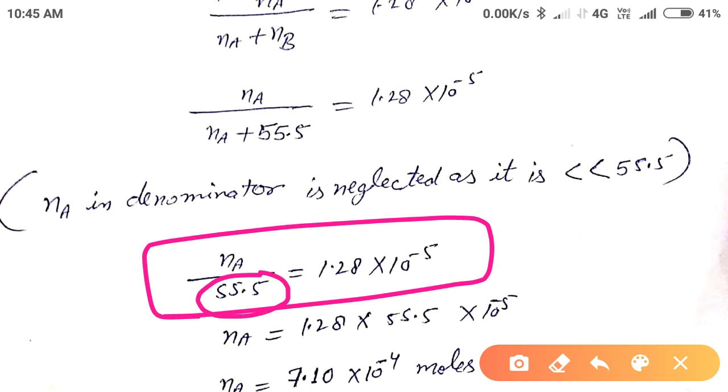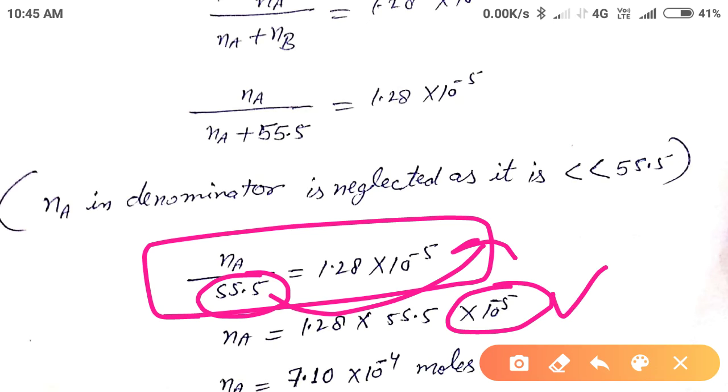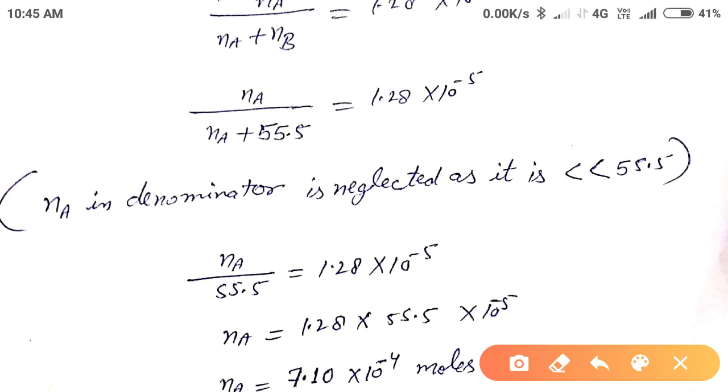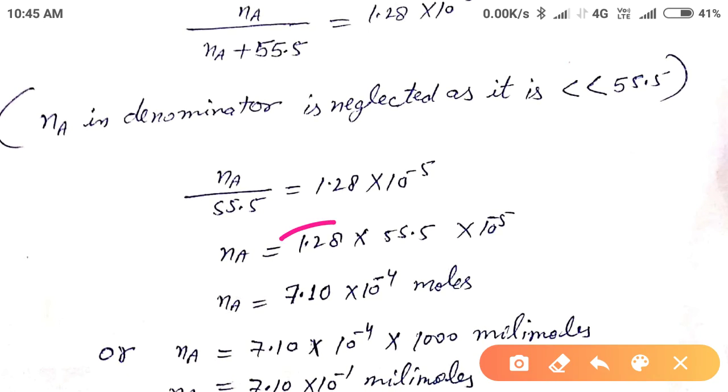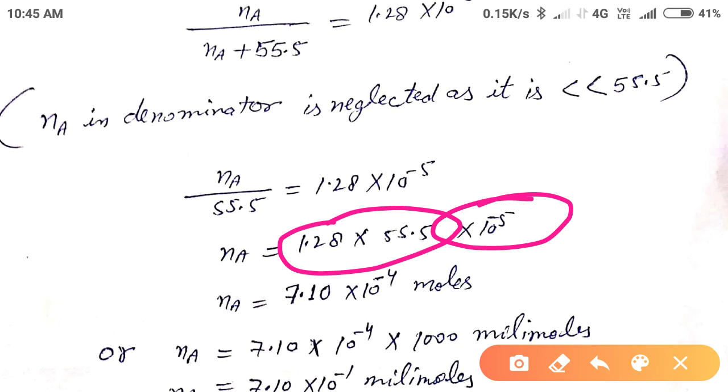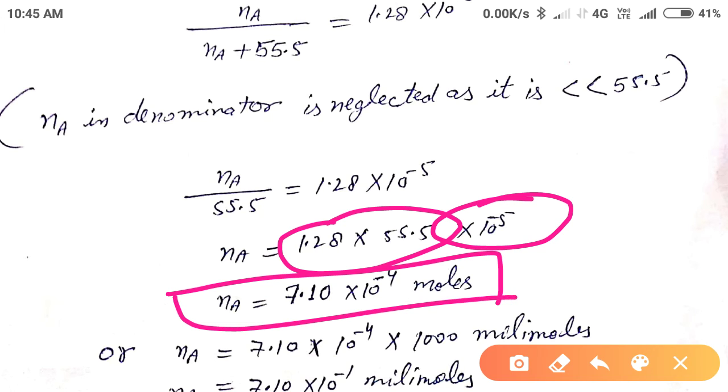Shifting from the left hand side to the right hand side, this comes into multiplication. By multiplying this, we get the number of moles of nitrogen, that is 7.10 times 10 to the power minus 5 moles.